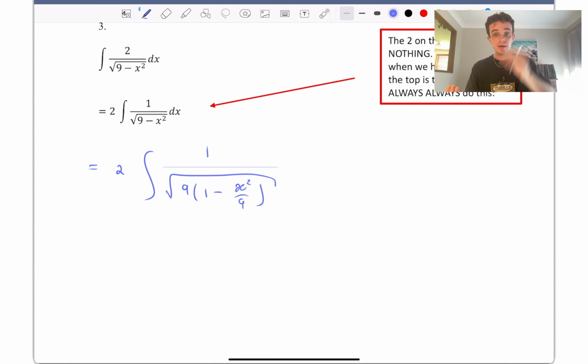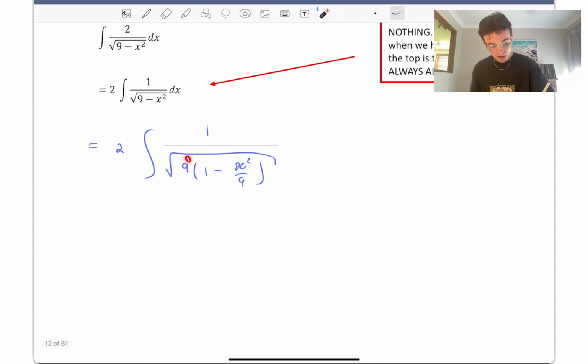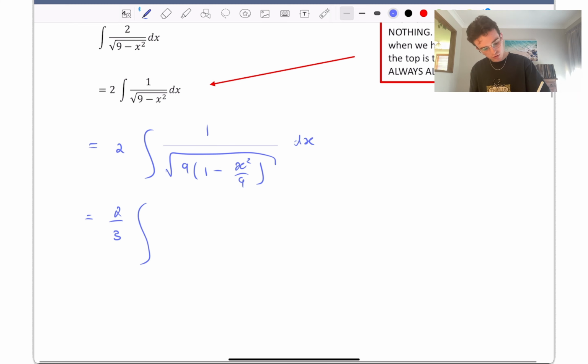And that's because if we then bring back that 9, 9 times 1 on 9 is 1. Now we can take out this whole 9 from the square root, we get 3, and then we can take that 3 out front of the whole integral and get 2 on 3 times the integral of 1 over the square root of 1 minus x squared on 9.